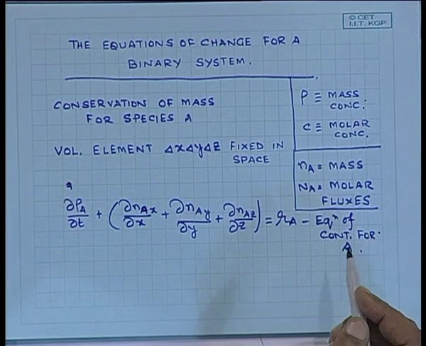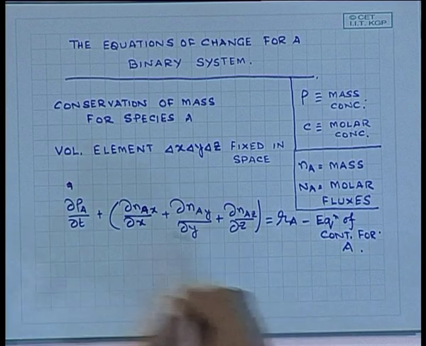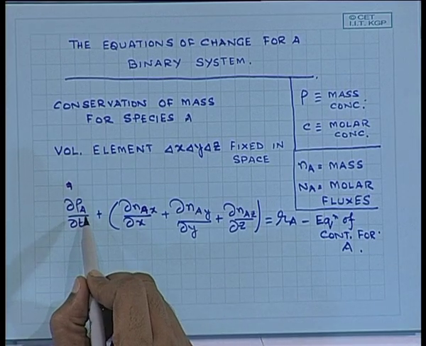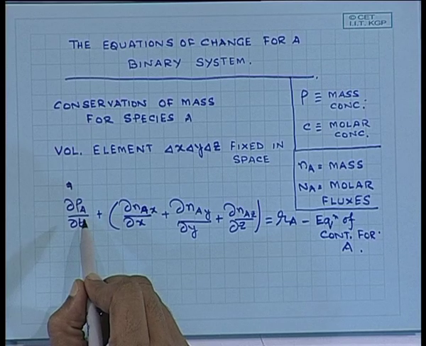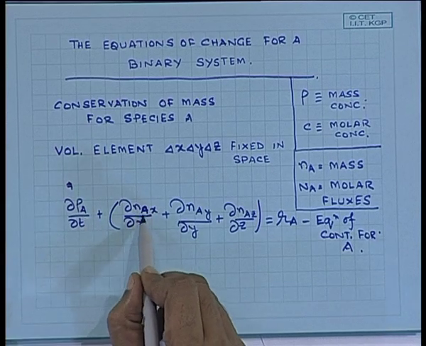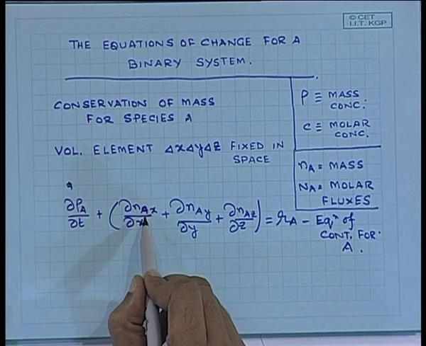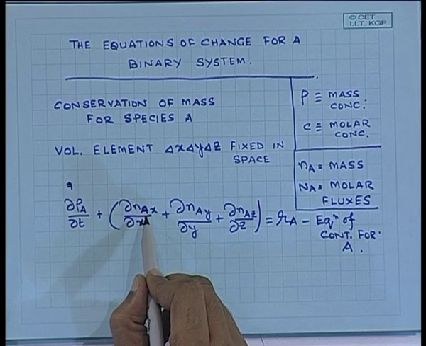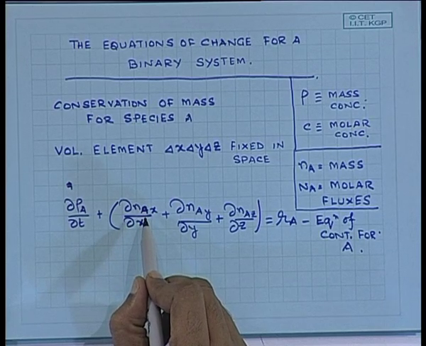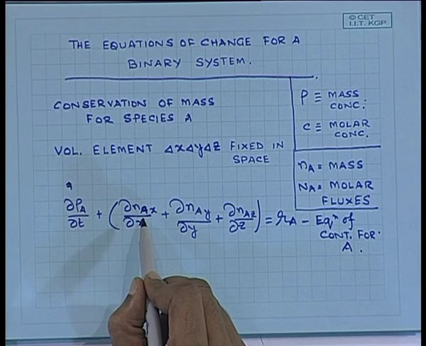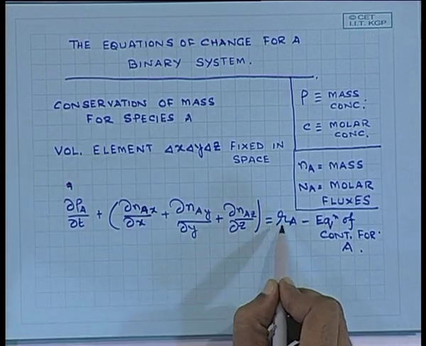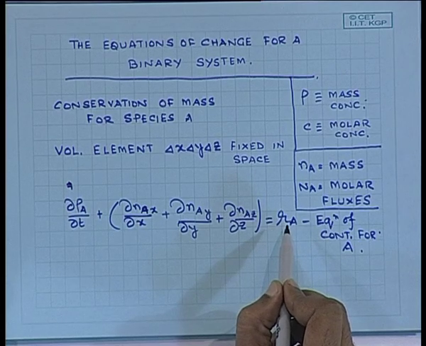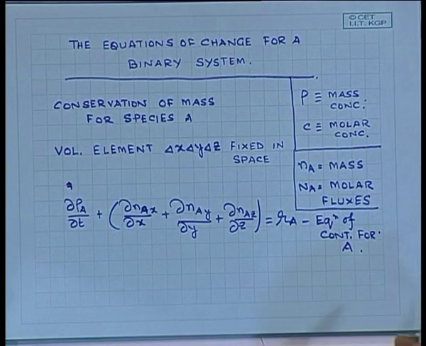So, this equation represents the change in mass concentration of A with respect to time at a fixed point in space as a result of fluxes of mass coming into the control volume, and we understand that this flux can be diffusive flux as well as due to bulk flow, and a contribution from generation or depletion of A inside such a system.